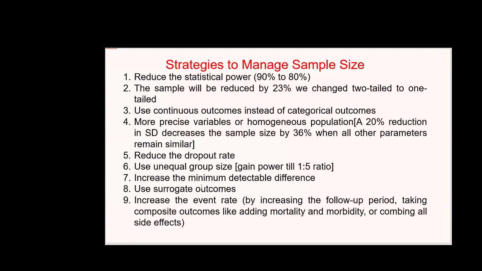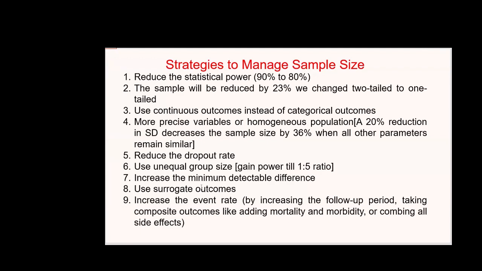But if you want to reduce the sample size, consider a homogeneous population. Homogeneous population means, if you find there is a significant difference between male and female toward the disease, you can go for only one gender, either male or female, to make it homogeneous.